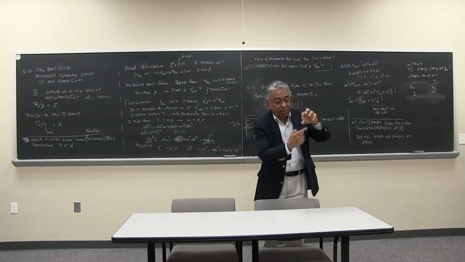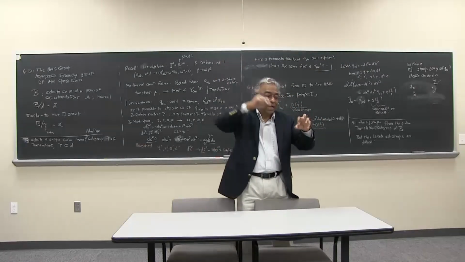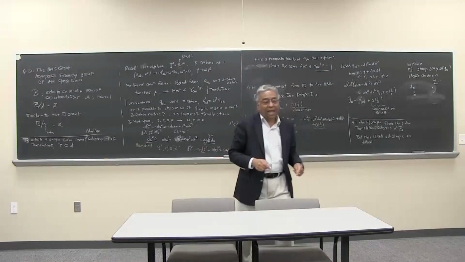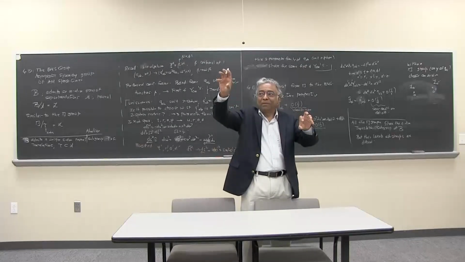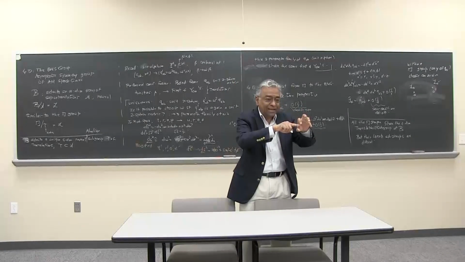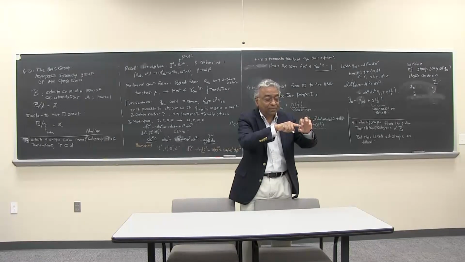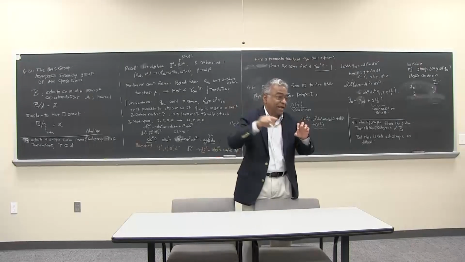The SO3 subgroup about this origin is different from the SO3 subgroup about this origin. The two are related to each other by this translation. And that is why angular momentum about this origin is equal to the angular momentum about that origin plus the cross product of the 3-momentum with the translation that I have done up here.